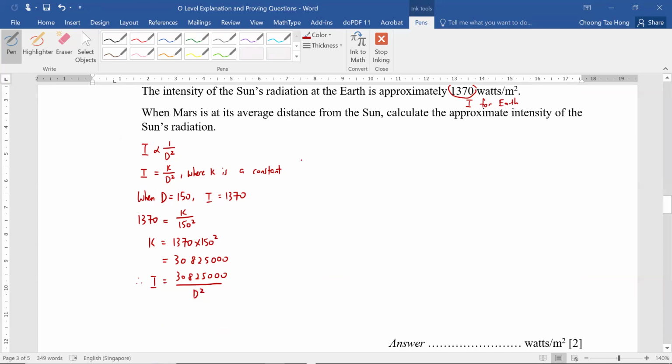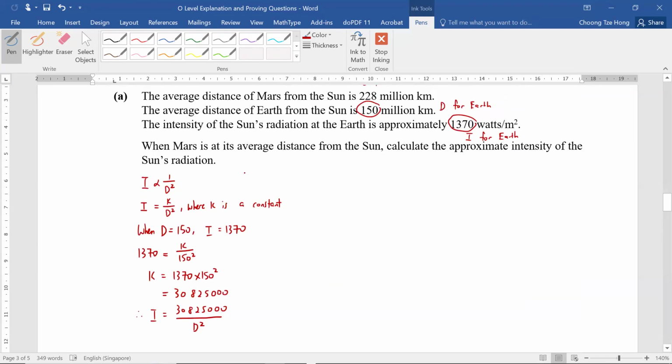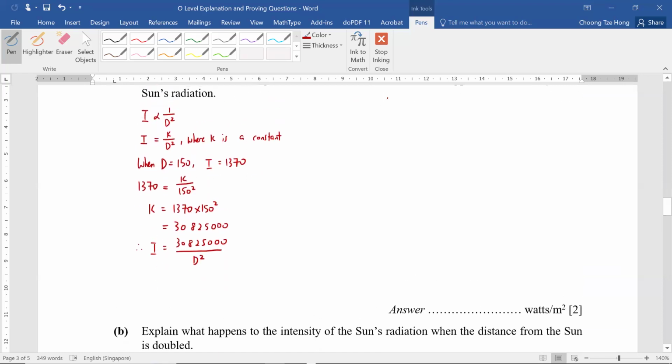Now in order to calculate the intensity of the sun's radiation at Mars, all we need to do is to put in the distance of Mars from the sun. So when D equals 228, I will be equals to 30,825,000 over 228 squared.